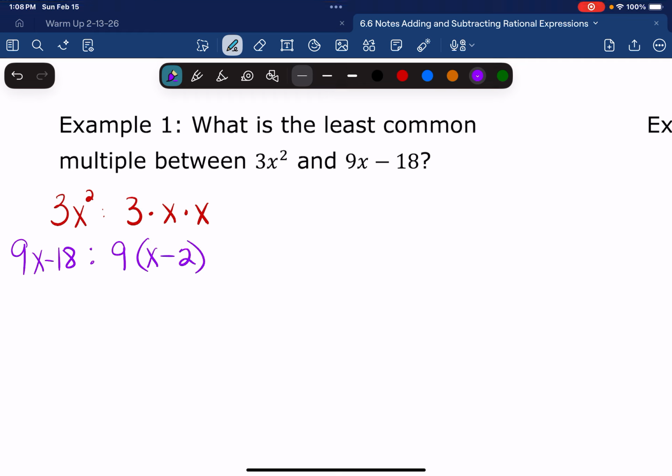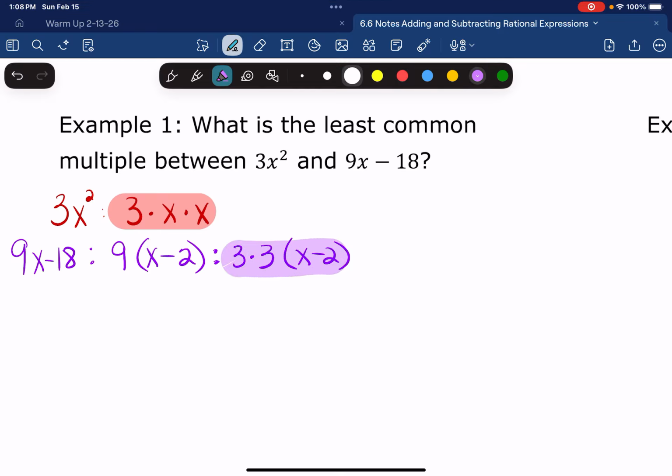We've factored out the number 9, but the number 9 can also be broken down into 3 times 3 times x minus 2. So let's go ahead and look at these. We've got 3 times x times x, and we have 3 times 3 times x minus 2.